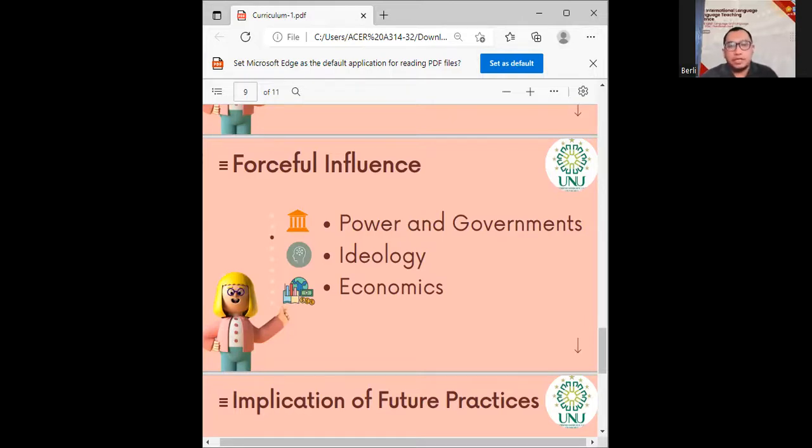For example, in Indonesia, most of the people are religious, and they tend to bring religious values and spirituality into the teaching process. For example, every time we start our learning process in the classroom, we invite our students to pray together before the classroom activity starts.